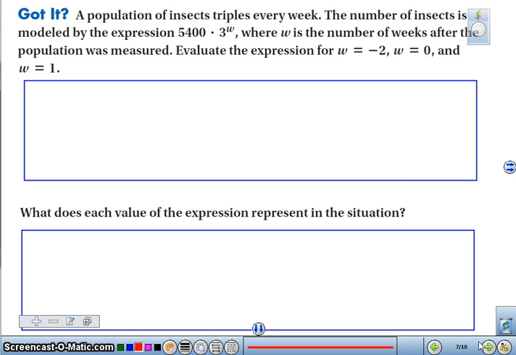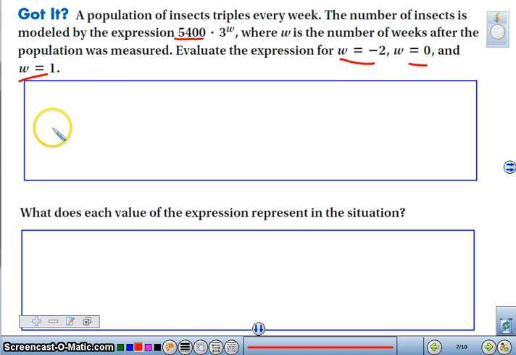It's now your turn to try it. This is our last page of notes that we are taking a look at for this lesson. It says the population of insects triples every week. So the number of insects that we are looking at is modeled by this expression, 5,400 times 3 to the W. W is weeks after the population is measured, and they want you to evaluate it for -2, 0, and 1.